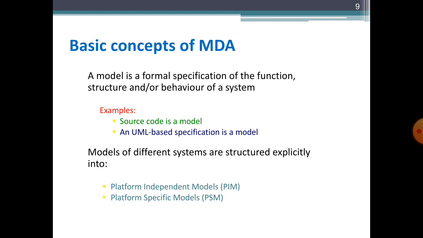The platform independent model is a formal specification of the structure and functions of a system that abstracts away technical detail, and it is expressed with the help of the Unified Modeling Language. The second important model is the platform specific model, which specifies how the functionality specified in a platform independent model is realized on a particular platform.